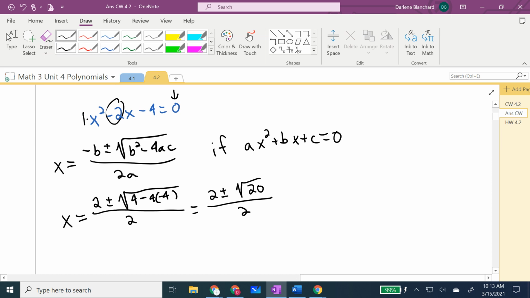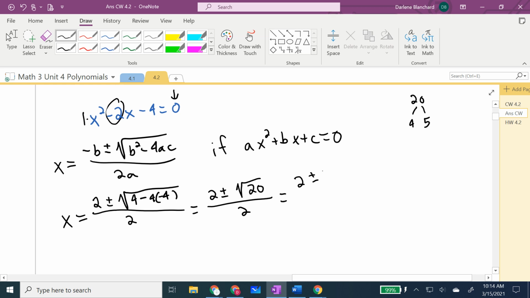So if you have to solve an equation that is quadratic, set it equal to 0. If it's not factorable, quadratic formula. And I'm going to simplify this a little bit. This is 2 plus or minus, and 20 is 4 times 5.